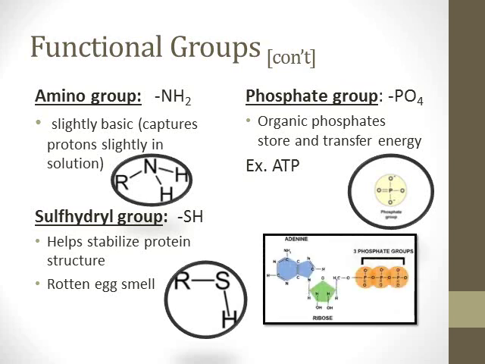Here is a graphic showing us what ATP looks like. We'll be looking at this further. In the blue, we've got an adenine, which is actually a base. We can see the nitrogen on the ring structures there. So that's a basic structure. In the middle in green, we see a ribose sugar, which is a 5-carbon sugar.